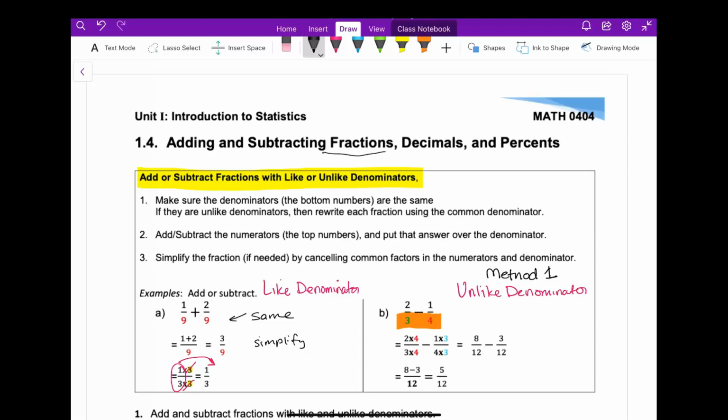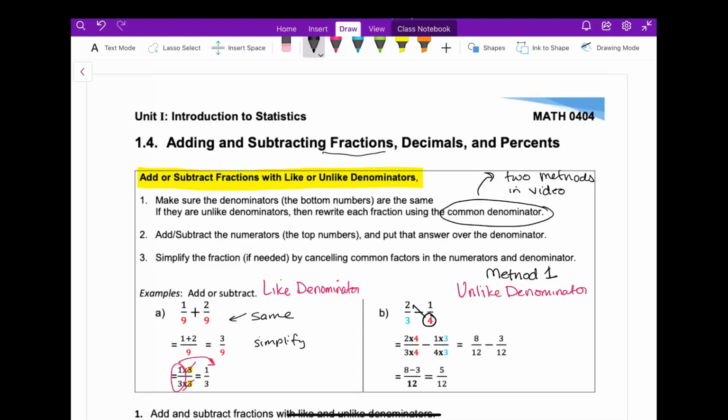They're unlike, so we're going to rewrite each fraction using a common denominator. So how do you find it? I give you 2 methods in this video. The first one, the one I have typed out here for you, says we're going to take each of these numbers and multiply to the other. So I'm going to do this 4.